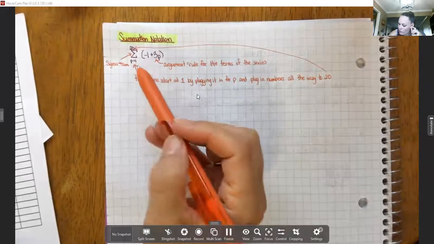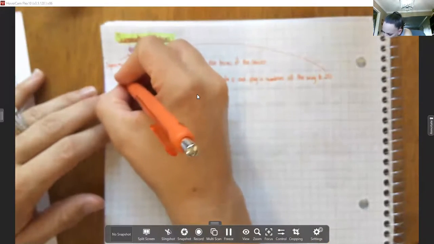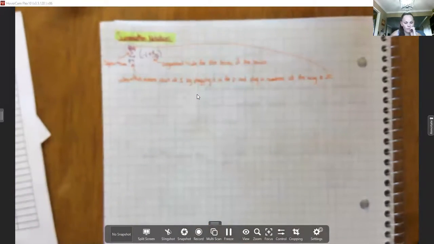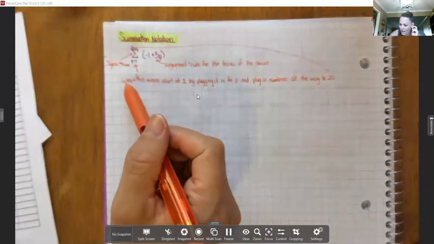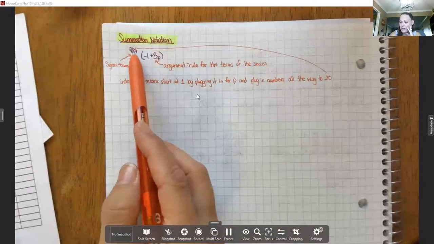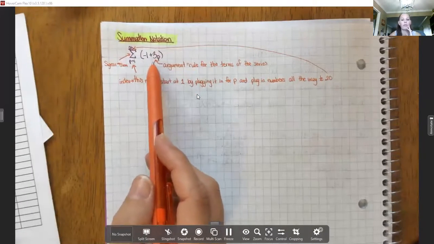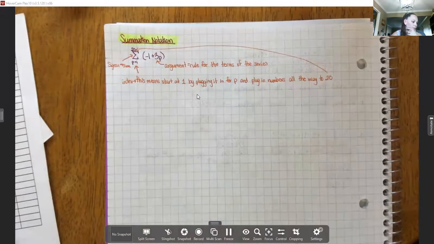This p equals 1, this is also called the index, just so you know. I'm not too big on knowing that this is called the index. You need to know that this notation means it's a sum. You should know it's called sigma, and this is the argument, but this is what it means you do. That's the more important part here.